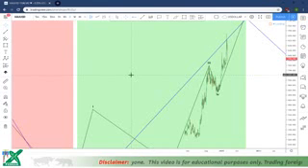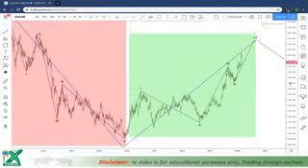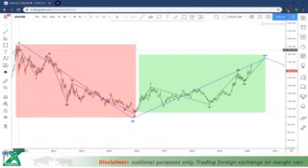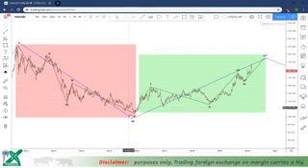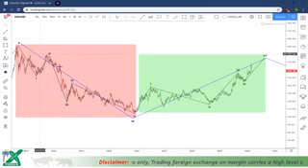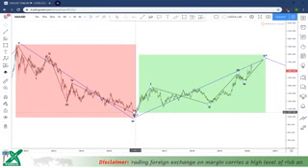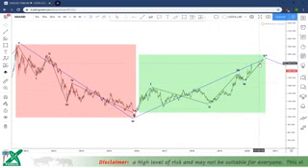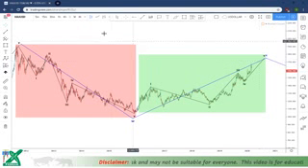If we go to the daily chart, you can see that in the previous years, from 2011 till 2015, it was a downtrend on the daily chart, and after 2015, in the middle of July of 2016, we got a market structure change, and now the market is going to the upside, which is a bullish market structure.